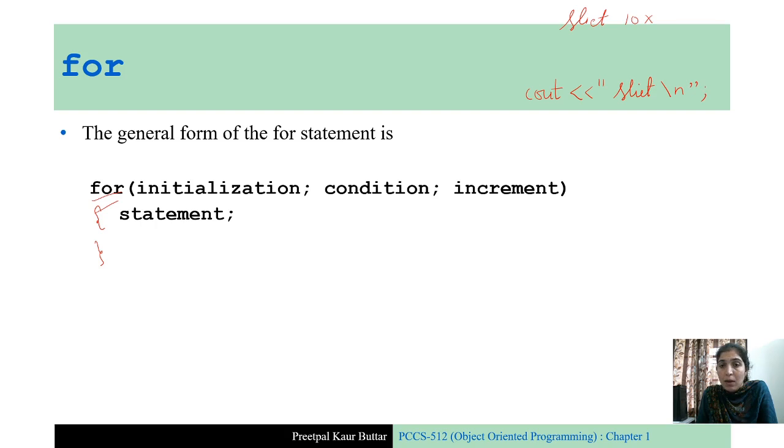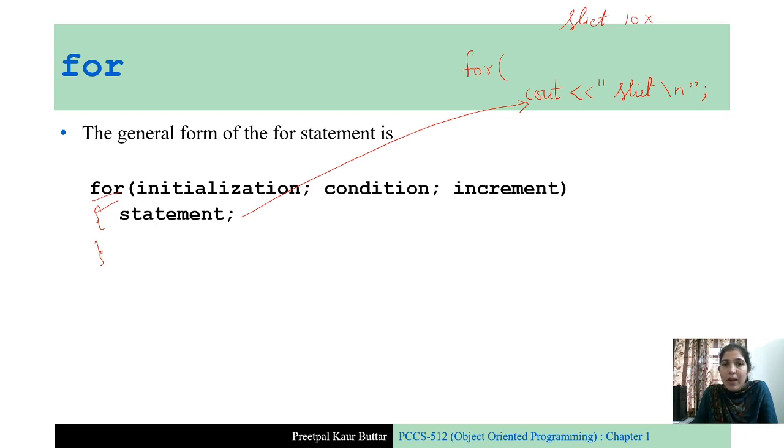Okay, so this is the statement under the for loop. Okay, and how to write the for loop? We will write the keyword for and then parenthesis, and the first thing is initialization.